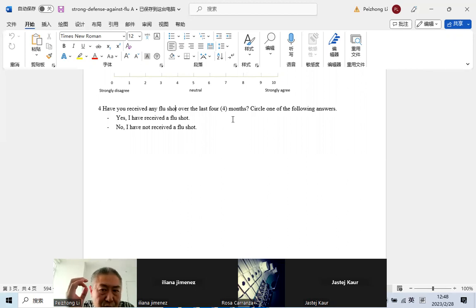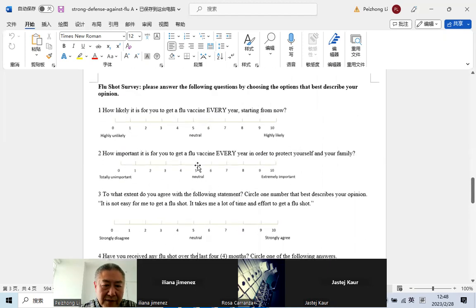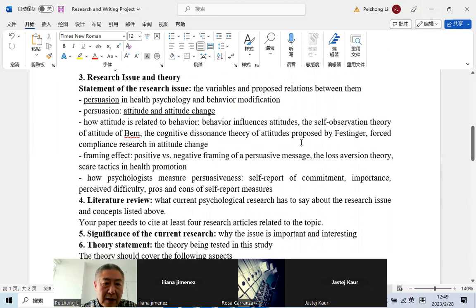So my attitude toward getting flu shots is influenced or even based on my behavior. If I have done that, it must be important. I must have a strong commitment to that. So behavior influences your attitude. That is a very important theory about attitude.